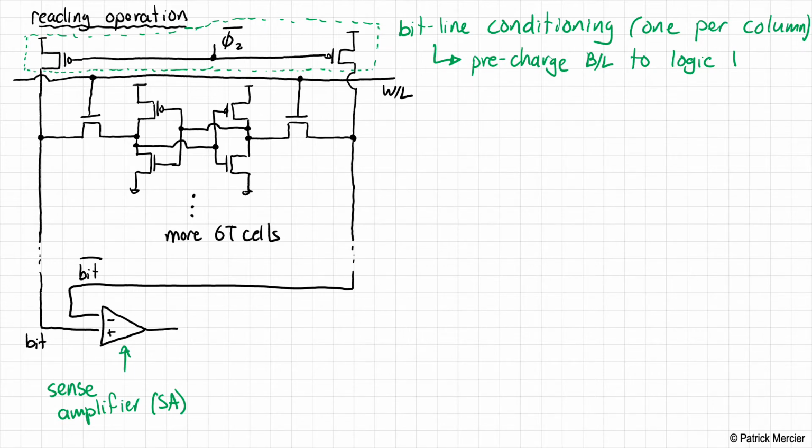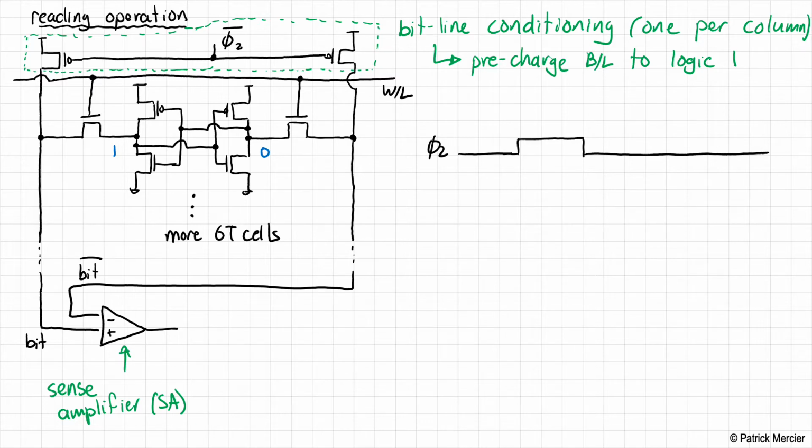So we still don't quite know why we need this yet. So let's go through an example. In this example, let's imagine that this cell is storing 1, and the complementary side of the cell is storing a logic 0. So let's go ahead and look at what would happen with phi2. Okay, so let's imagine phi2 does a pre-charge phase here, and then a 0 the rest of our timing cycle.